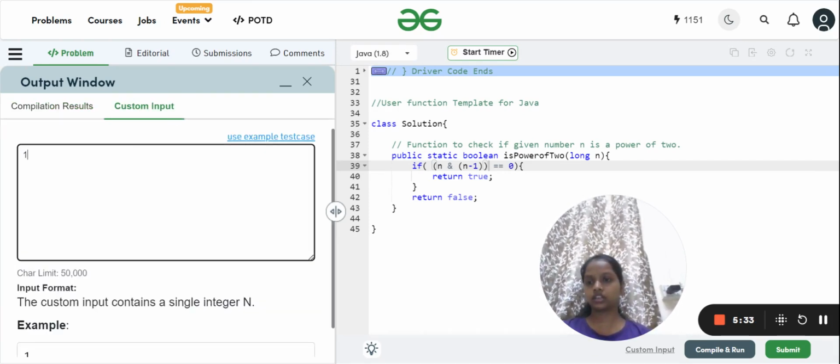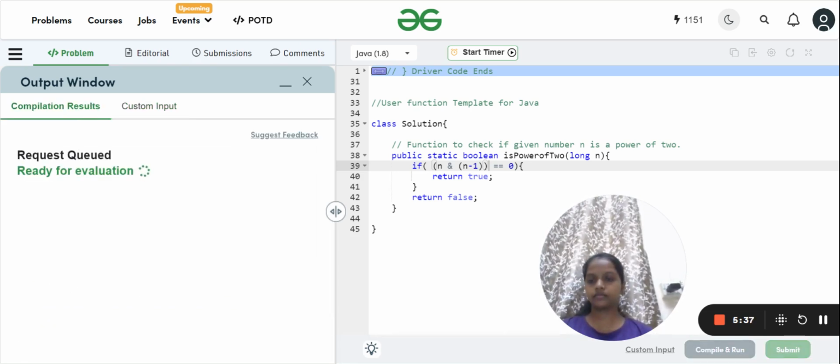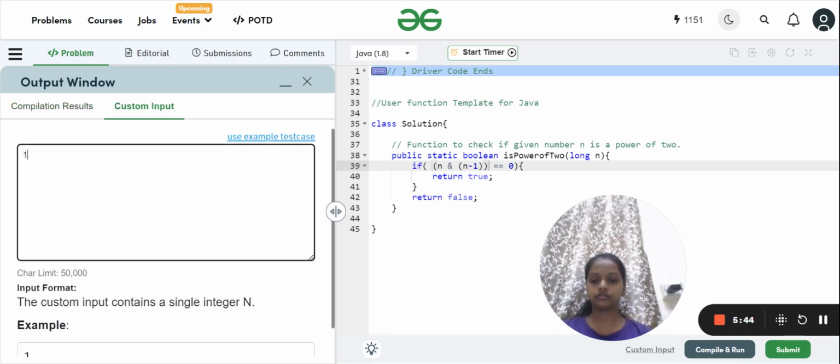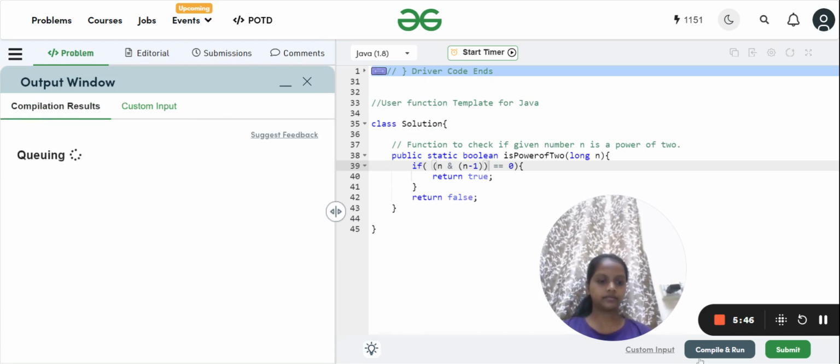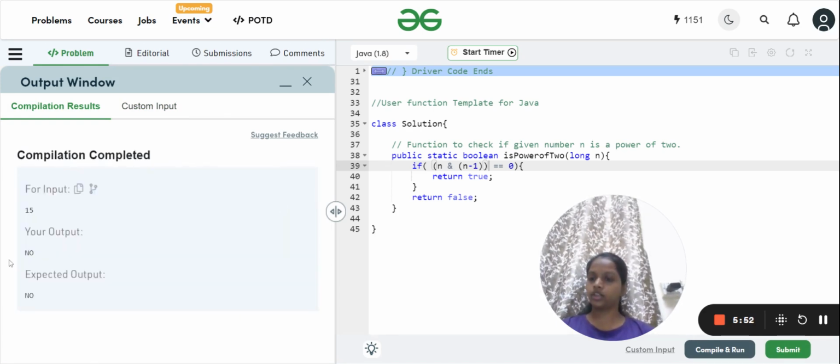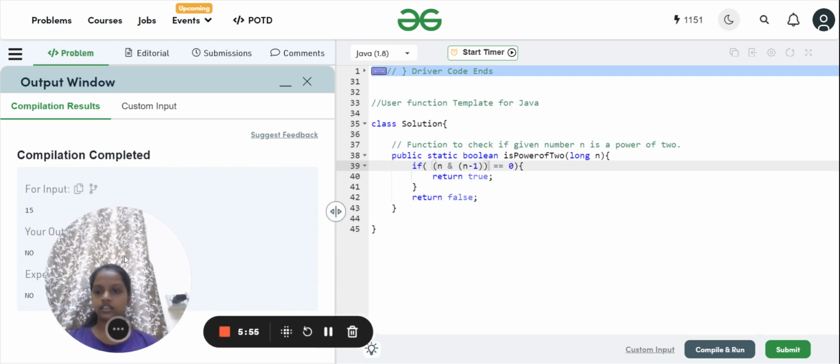If I check with 16, yes. If I check with 15, no. Okay, we are getting the answer, right?